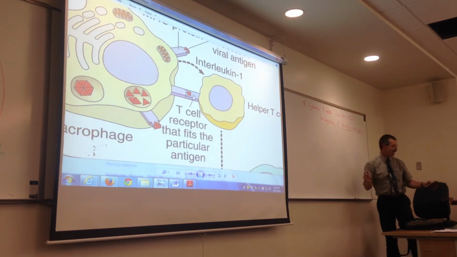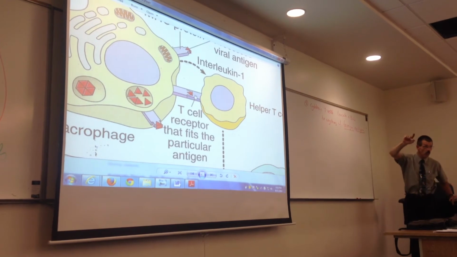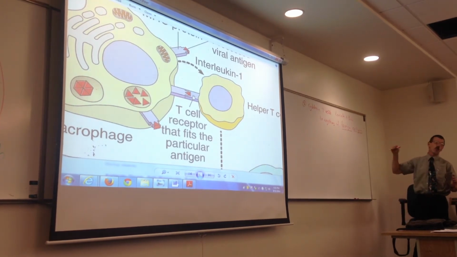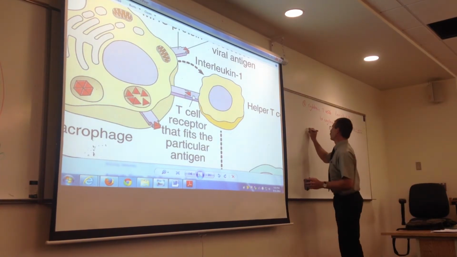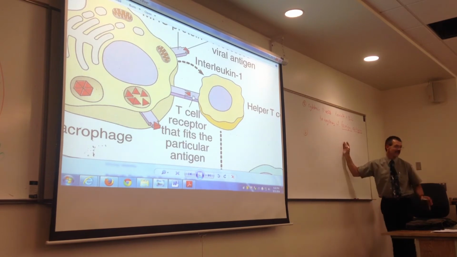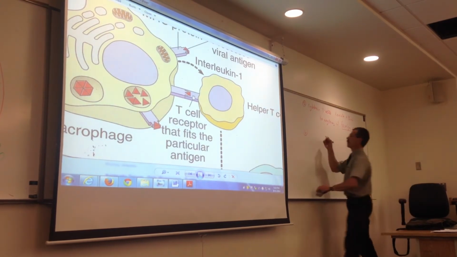So anything that has that shape in number 1, I will stick to, I will find, I will locate you. I will seek you out. And then what does a cytotoxic T cell do with these things that have the foreign antigens? It kills them.